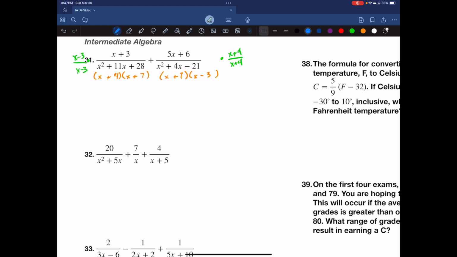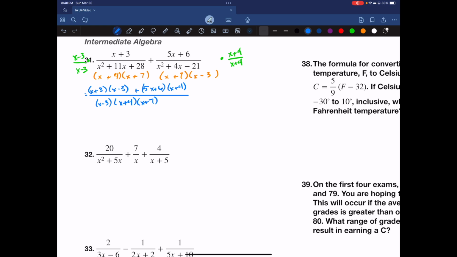Okay, so when I come down here on top, I have x plus 3 times x minus 3. And I'll multiply that together in a second. And then I have 5x plus 6 times x plus 4, all over my new denominator of x minus 3, x plus 4, and x plus 7. All right, like I said, I need to multiply all that out and clean it up.